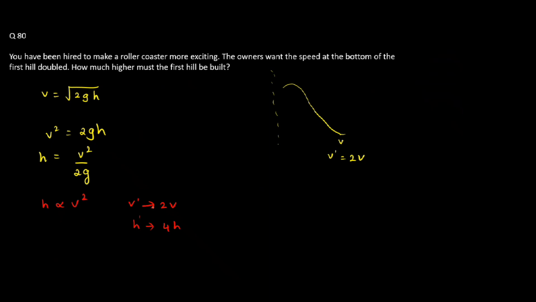If v changes by 3 times, h will change by 9 times. So since h is directly proportional to v squared, by whatever value you change v, h changes by the square of that number.